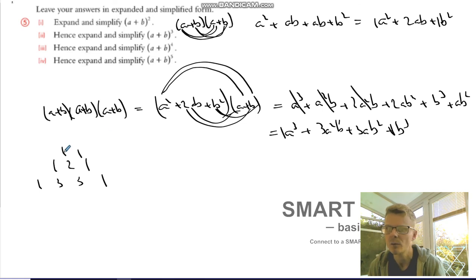So for instance, 1 add 1 makes 2, there, okay. 1 add 2 makes 3, 2 add 1 makes 3, and then obviously you get 1 add 0 each time, so the outside term is always a 1. So the next row would be 1 on the outside, 4, 6, 4, 1, because 1 add 3 makes 4, 3 add 3 makes 6, 3 add 1 makes 4.